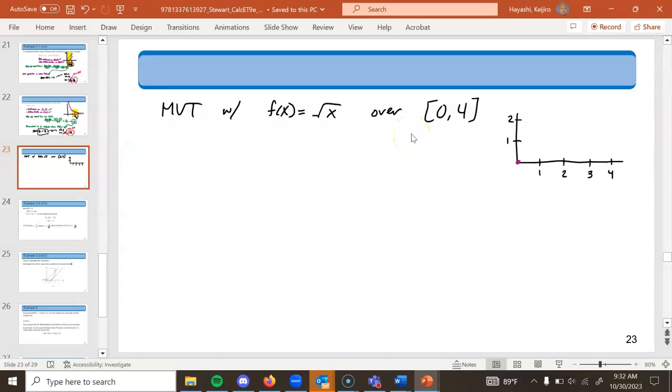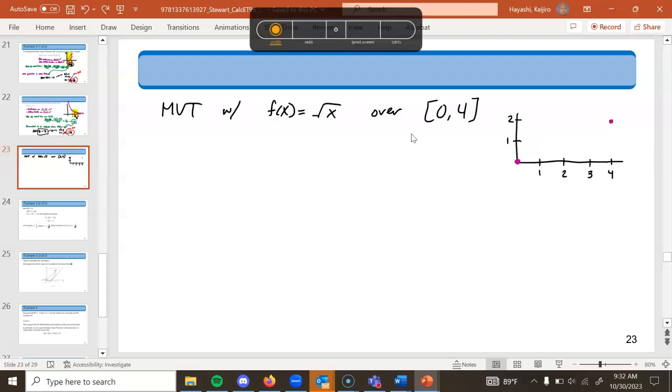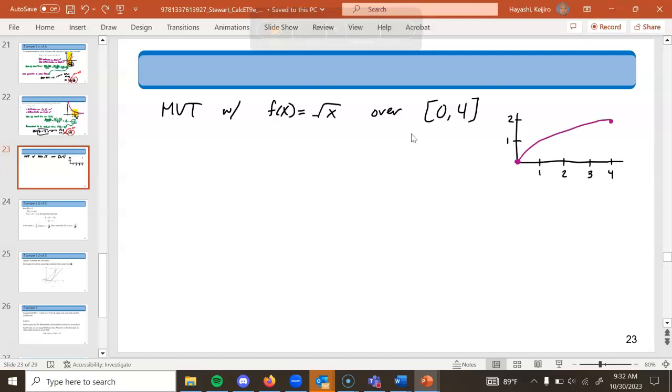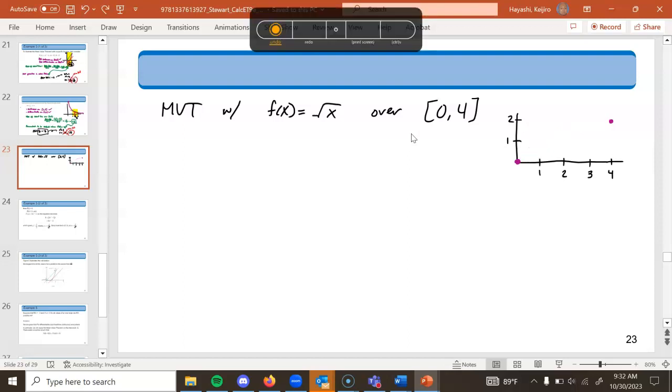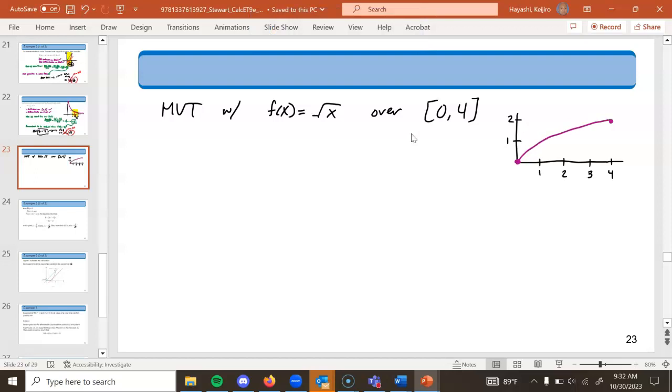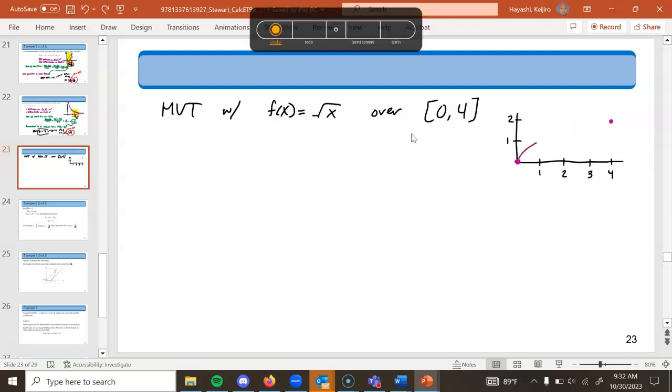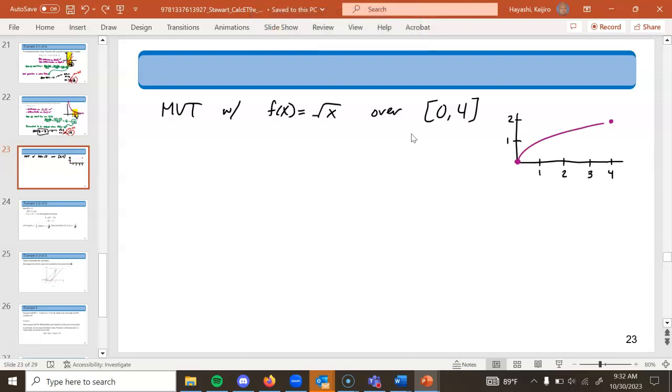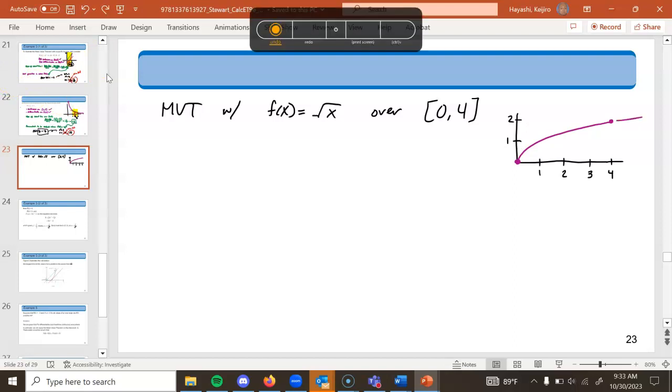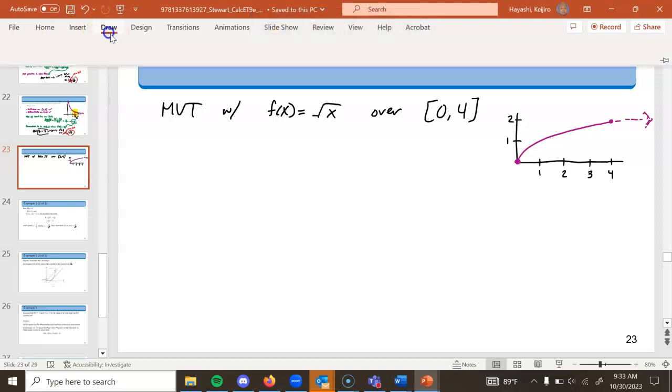Okay, so again, you don't actually have to graph these or anything, but just in the interest of clarity, the square root function is going to look something like this. Actually, it does continue past here, but that part's not so important.